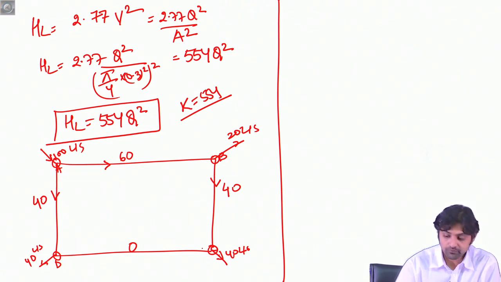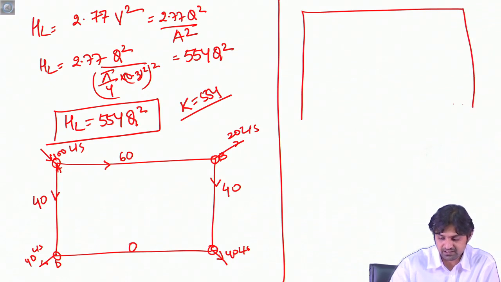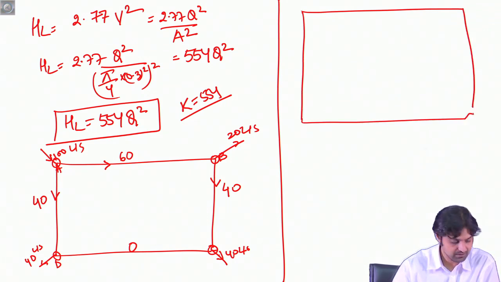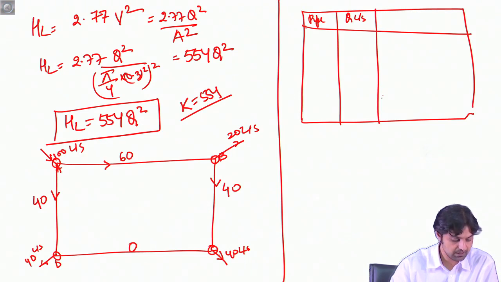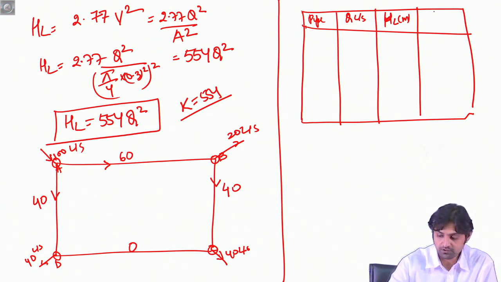As I said, first make a table like this, okay, and we write pipe name here, we write Q in liters per second, we also write head loss in meters, and we also find HL by Q. These are the 4 things.